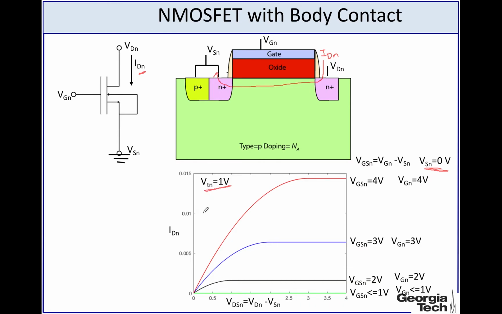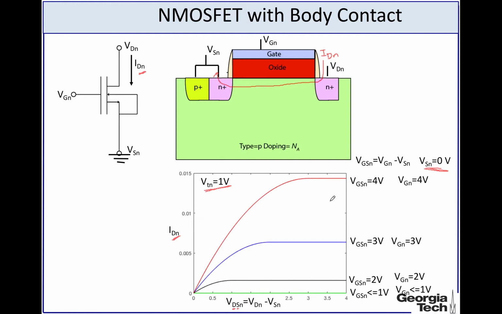So let's plot the ID-VD characteristics. On the y-axis, we will have IDN over here. On the x-axis, previously we were plotting VD. Now we are going to say it's not VD, it's rather VDS, to emphasize the fact that the drain voltage is with respect to the source voltage. In other words, VDSN equals VDN minus VSN.